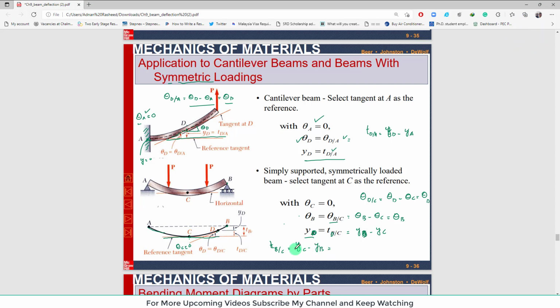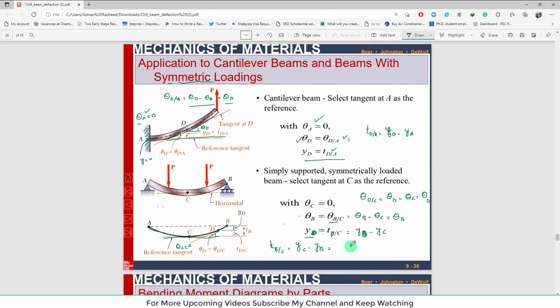This is the maximum deflection of point C with respect to point B. So if you are interested in TDC, YD will be equal to TBC minus TDC.